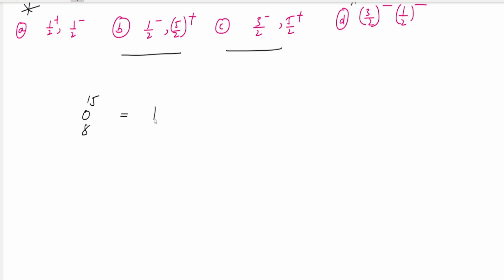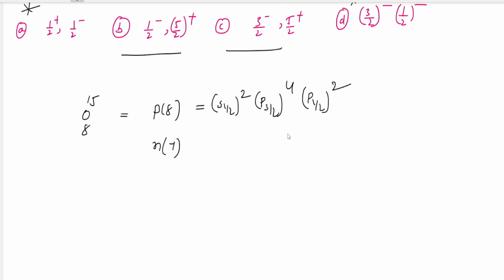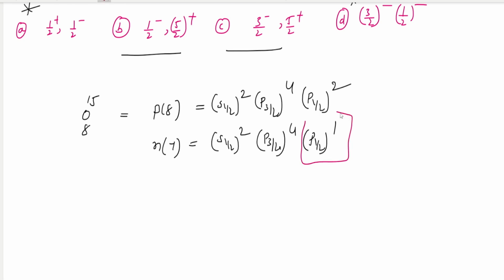So okay, number of protons 8, number of neutrons are 7, right? So S 1 divided by 2, 2, P 3 divided by 2, 4, P 1 divided by 2, 8, right? S 1 divided by 2, 2, P 3 divided by 2, 4, P 1 divided by 2 power 1, 4, 6, 7. Okay, so we need to focus on this unfilled state.